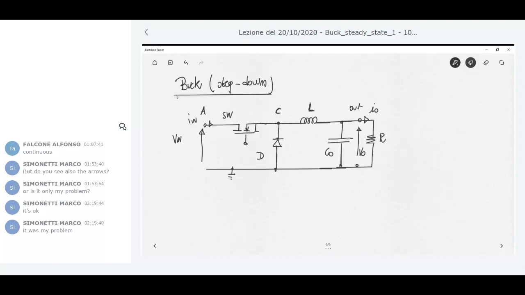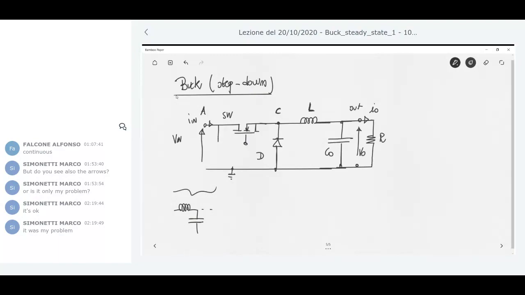Typically, when you put filters on the input side, these filters are made by inductance, capacitance, some other structure. So you can have low-pass filters that can act on the specific noise frequencies that are generated.